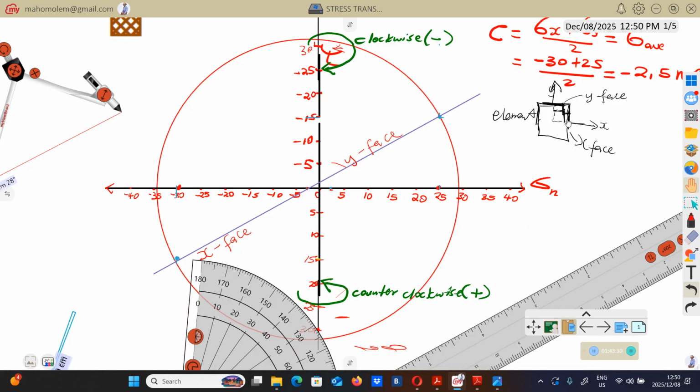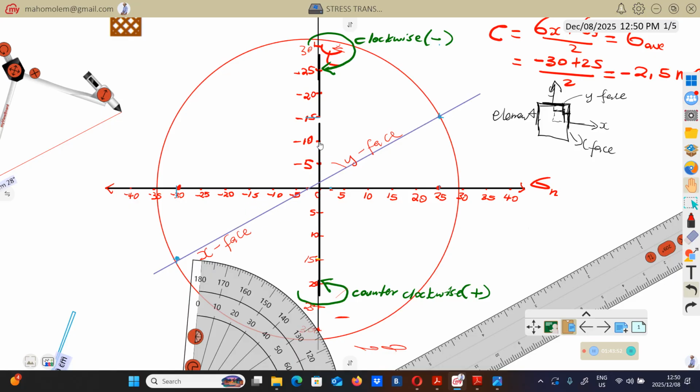So if they give you an angle on the element of 30, when you come to this Mohr's circle, you take that angle multiplied by 2. As you can see, the X face and the Y face are separated by 90 degrees on the element, but here they are separated by 180.